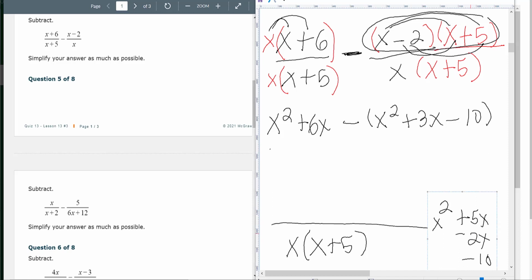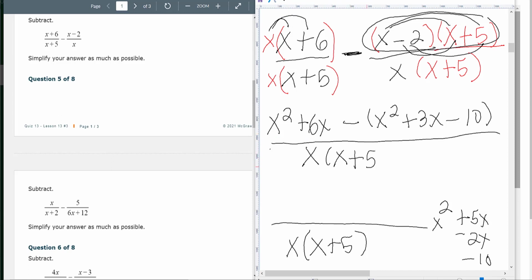So that's what I get when I do this multiplication of these two binomials. Now all of that is over my denominator, x times x plus 5.